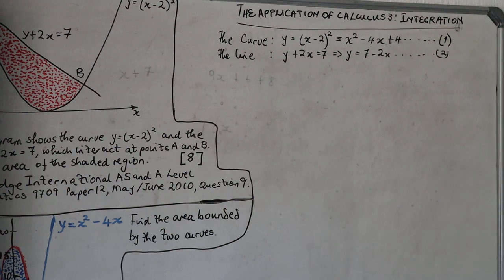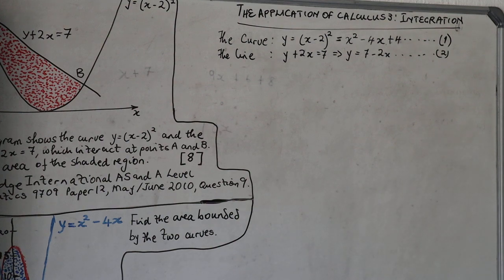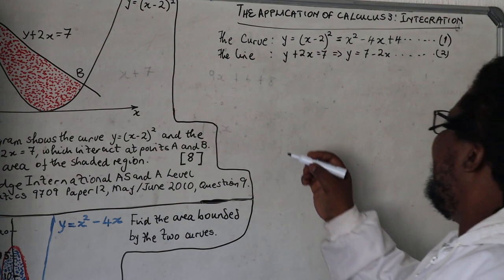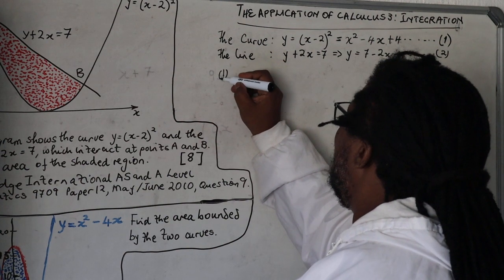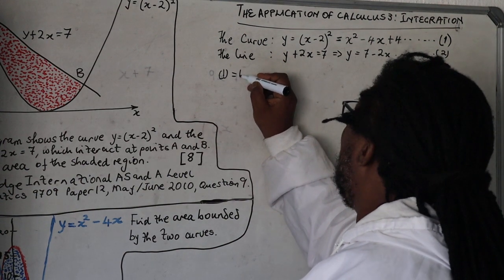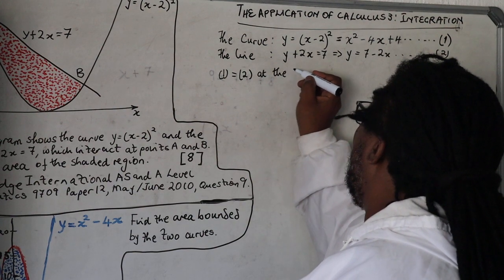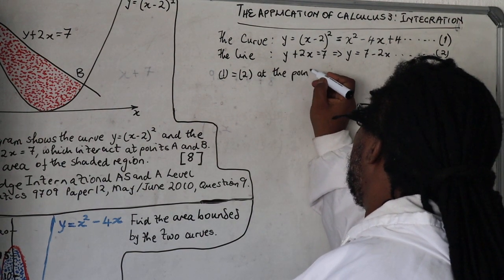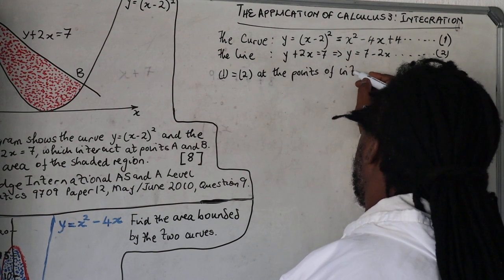So to find the x coordinates of A and B, the points where the 2 equations intersect, we say equation 1 is equal to equation 2 at the points of intersection.